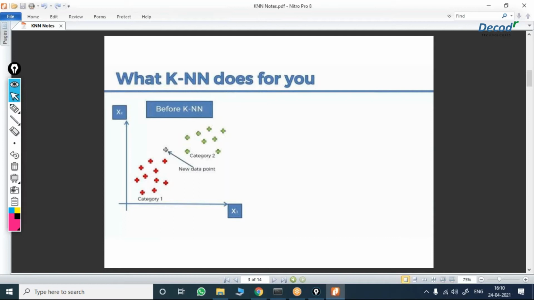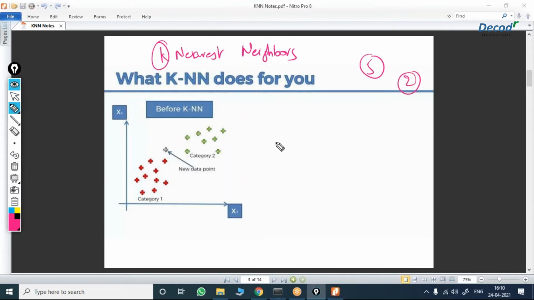So KNN is nothing but K nearest neighbors. What are the neighbors near to this? K means whatever the value. If I take K value as 5, it will identify from the 5 nearest neighbors. If I take 2 nearest neighbors, what are they?